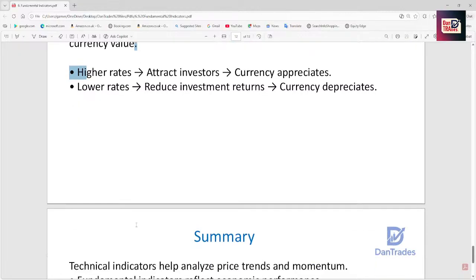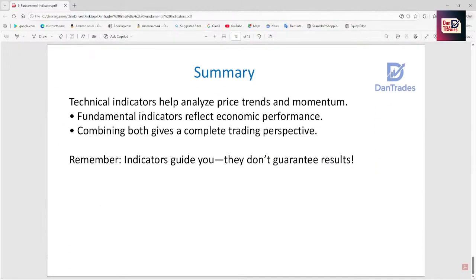Now, what's the summary for all this? Technical indicators help analyze price trends and momentum. Fundamentals reflect economic performance. Combining both gives a complete trading perspective, but it's very difficult to combine both. Very, very difficult, because normally when the economic data comes out, it has spikes. They move very fast.